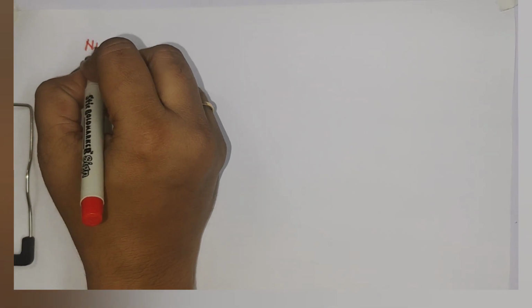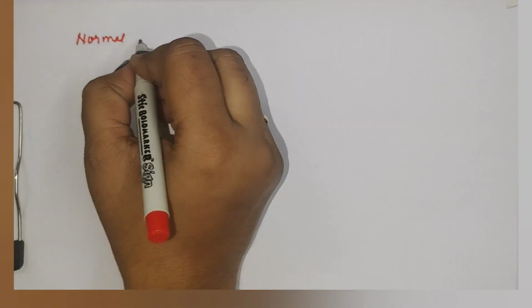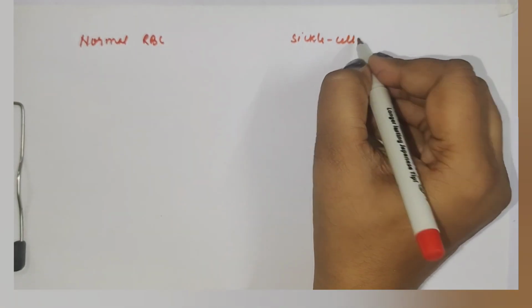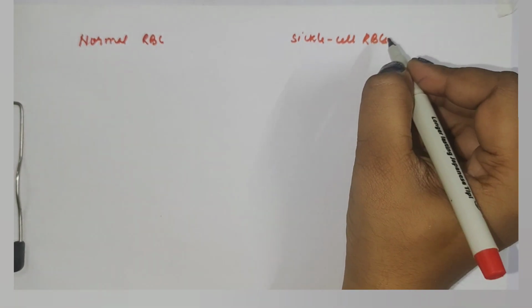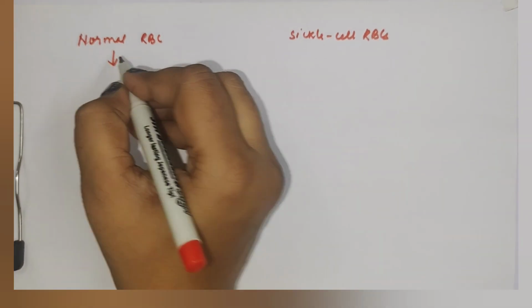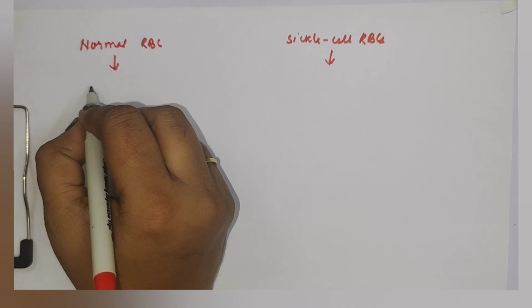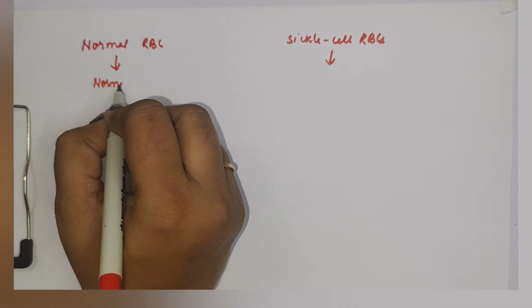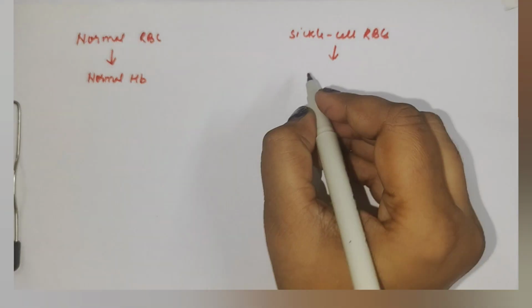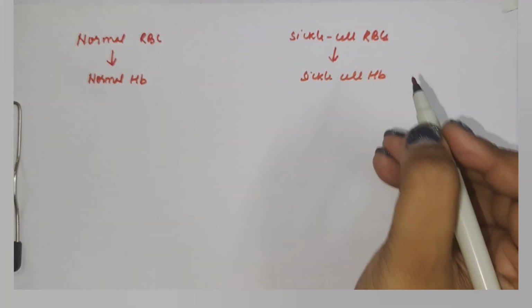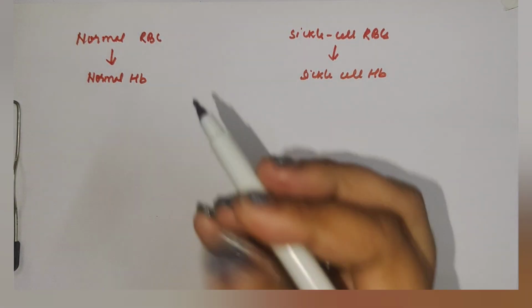So, now let us see how this protein fingerprinting or peptide mapping is done. This is generally a comparative study, and here we will compare the sickle cell hemoglobin with the normal hemoglobin. For this, first of all, we will isolate normal RBCs on one side and sickle cell RBCs on the other side.